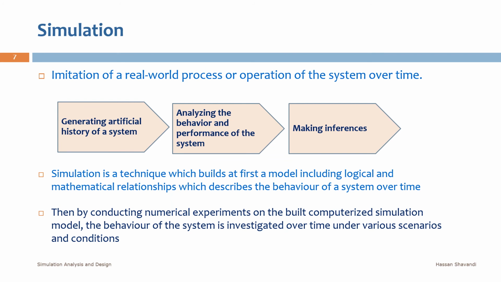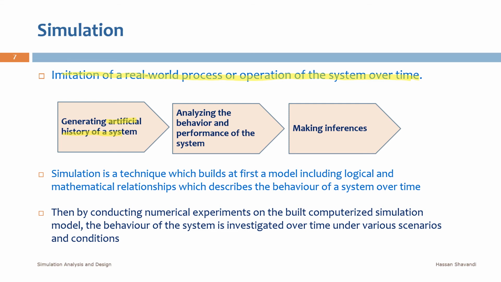So what's a simulation? Simulation is an imitation of a real world process or operation of the system over time. This is the official definition for simulation. In simulation, we generate an artificial history for the system, right? Since we have a model that is representative of the real system, we run that simulation model to generate data.